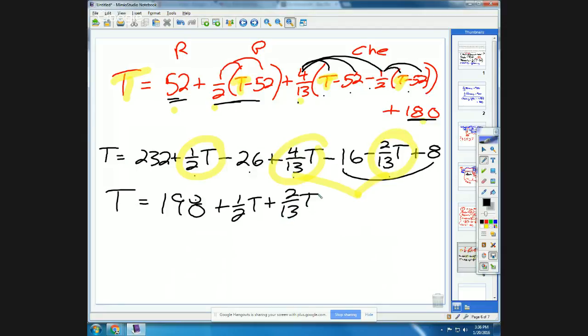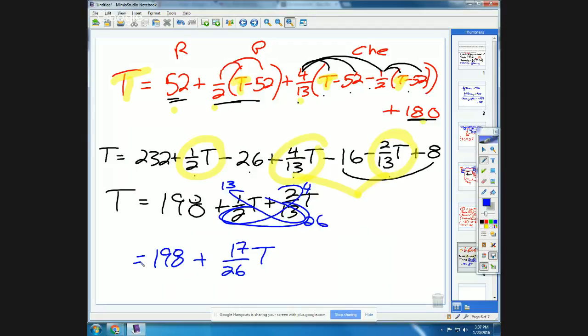So I need a common denominator, so we could either use the arrow algorithm or the lowest common denominator algorithm, which in this case are the same. Or the butterfly, let's do the cute little butterfly. 13, 4, 26. So according to the butterfly, I get 17/26 t's. 17 out of 26 t plus 198 equals t.